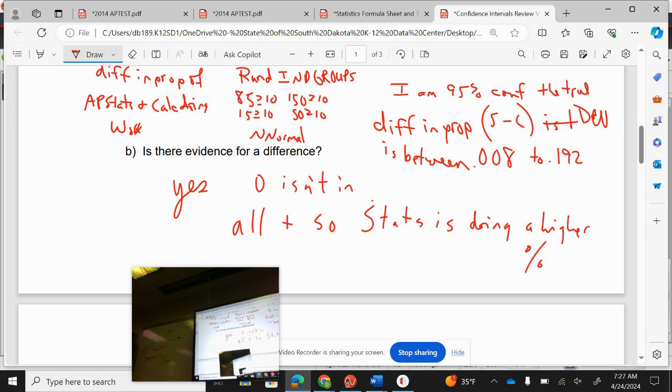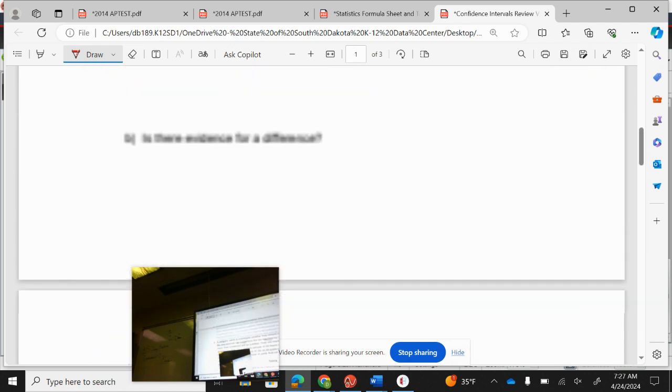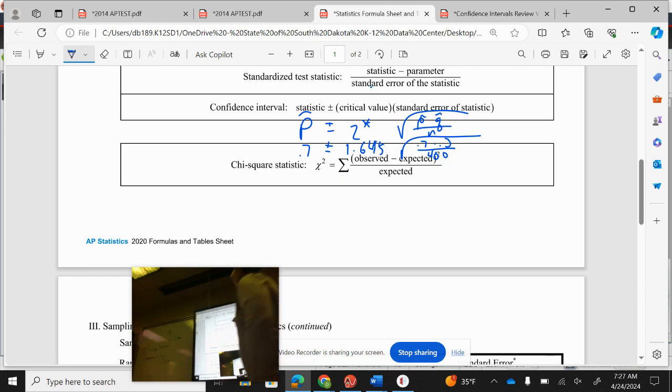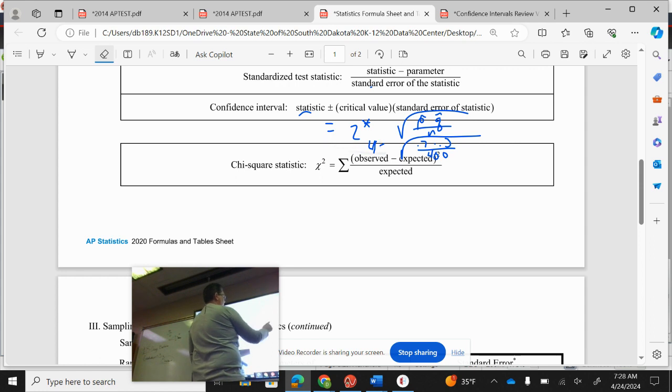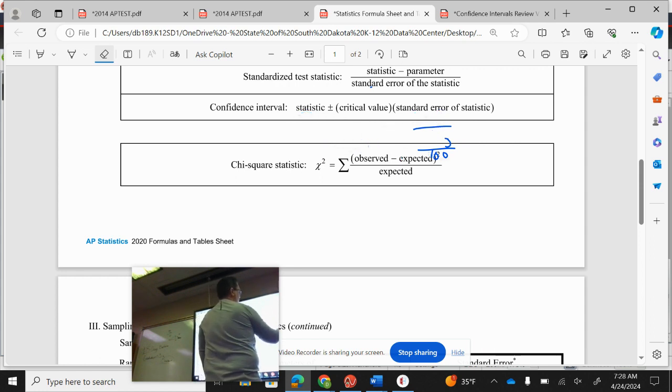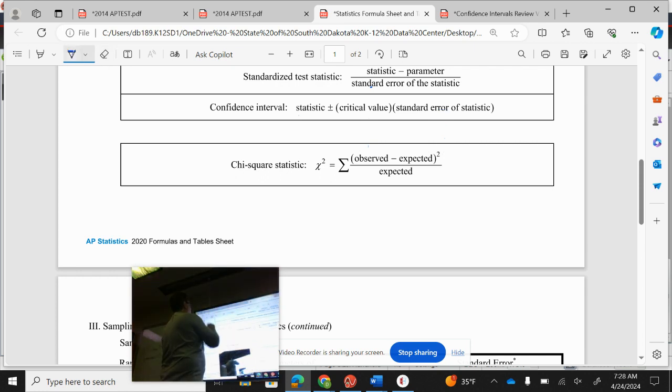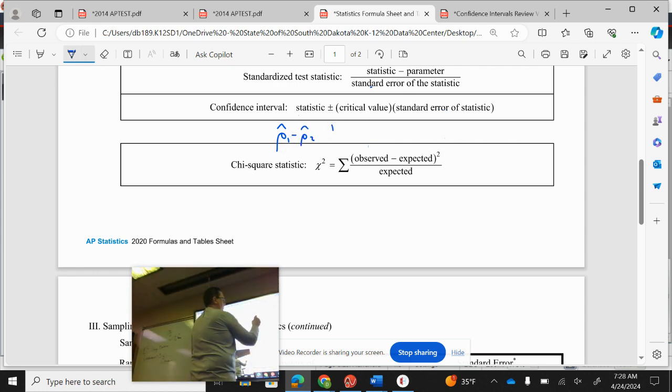Okay, now if we jump to the formula, we'll jump to here. How do we use this if we're on the AP exam if we need it? Remember, I would advise you on the open response portion just to put 2 prop Z interval. Okay, but if you look up what is the statistic, it is p hat 1 minus p hat 2. If you go down on that next page, your critical value is a Z star.